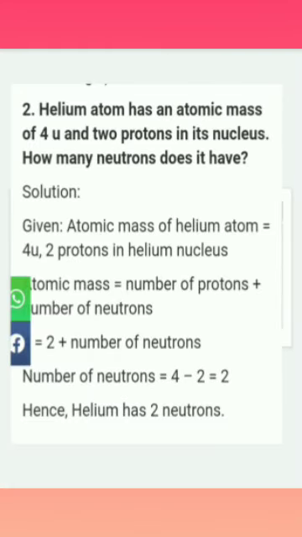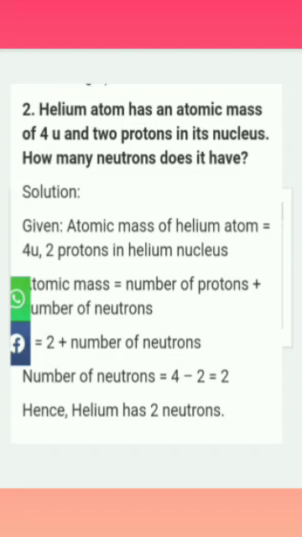Let us see the exercise. A helium atom has atomic mass 4 and 2 protons in its nucleus. How many neutrons does it have? How to find the neutrons? Yes, neutrons equal mass number minus atomic number. Atomic number is the number of protons.